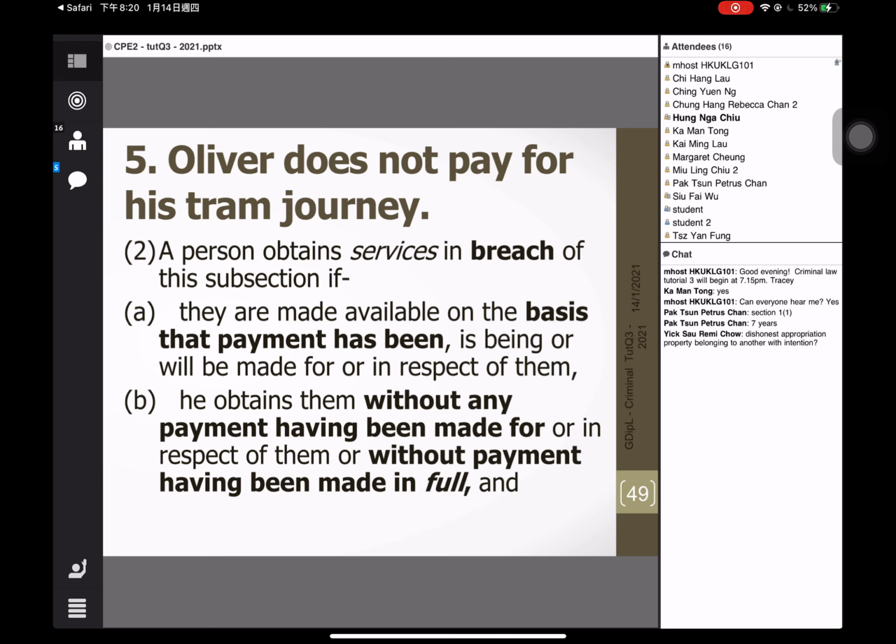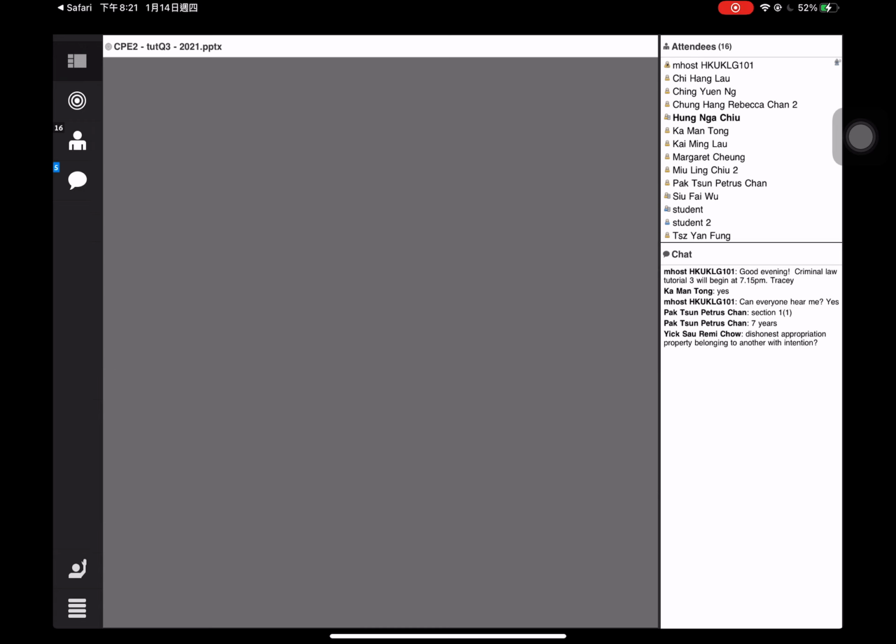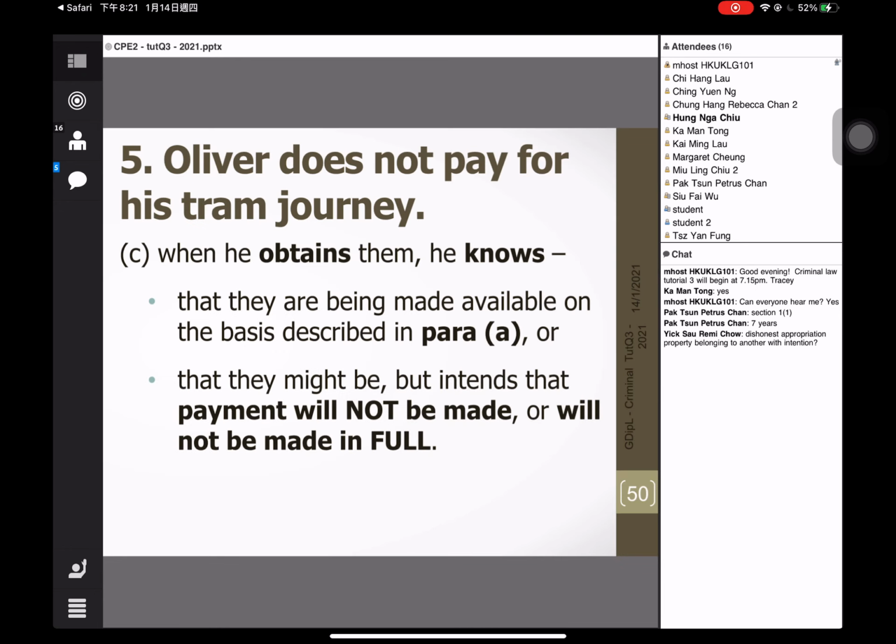So the service is provided on the basis that there will be some economic payment in return, and then that service is obtained without the proper payment having been made, either no payment at all or not in full, just part payment. So all bases are covered, plus paragraph C, which is the sort of mens rea part of it.